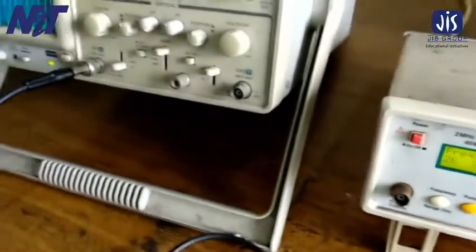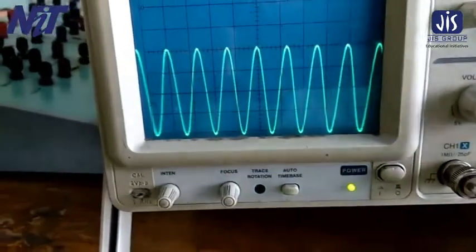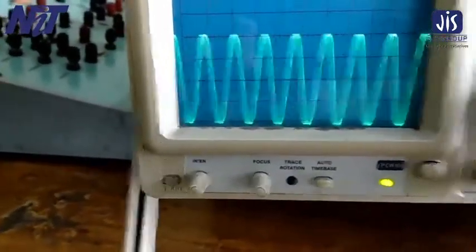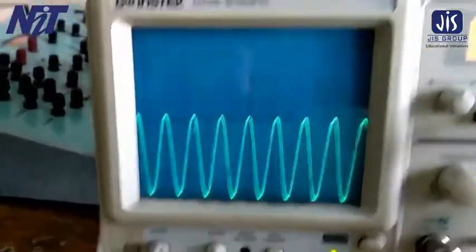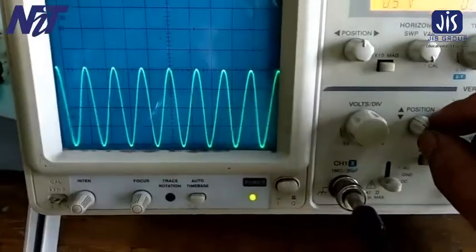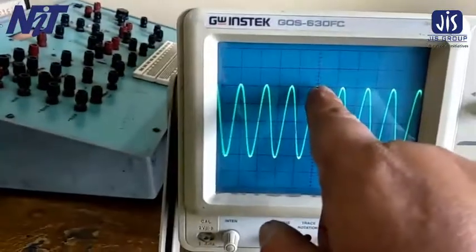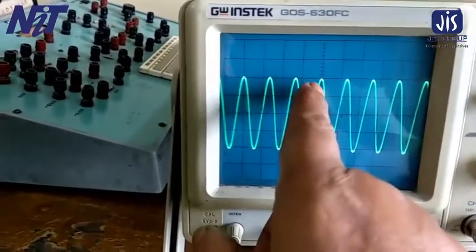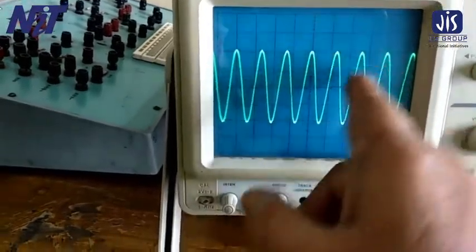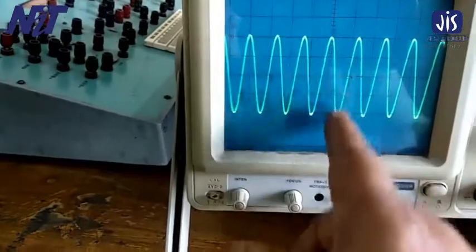In the same manner we have to calculate our amplitude using the volt per division knob. It has already been set at 0.5 volt per division, and now we have to set the top peak of the signal at any horizontal line and count how much distance it has covered vertically from top to bottom.